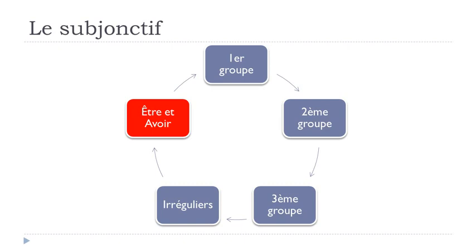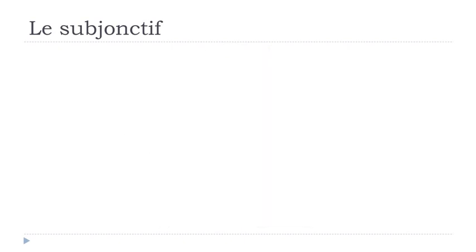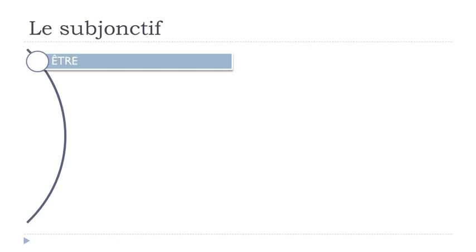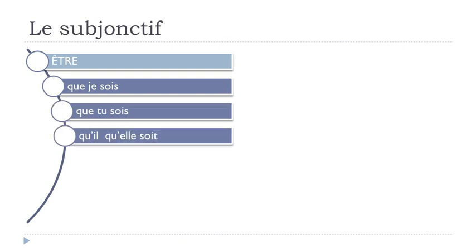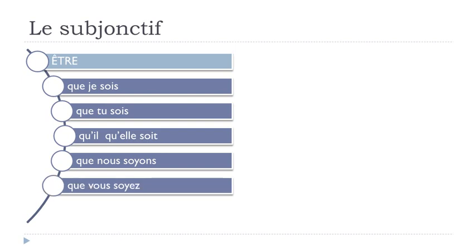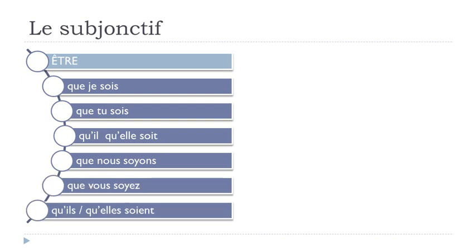And of course, we'll finish with être and avoir because they are usually quite tricky. Être, to be, will give you at the subjonctif: que je sois, que tu sois, qu'il soit, qu'elle soit, que nous soyons, que vous soyez, qu'ils soient, qu'elles soient.